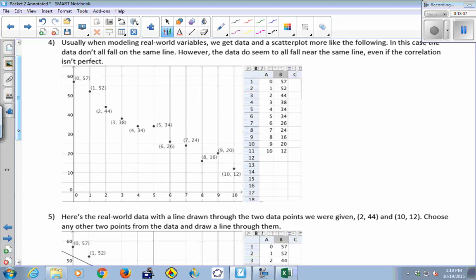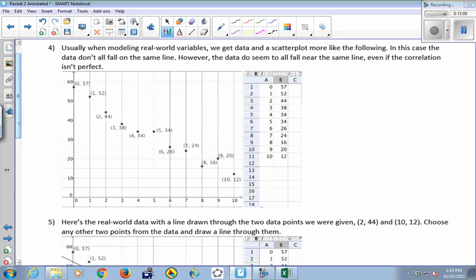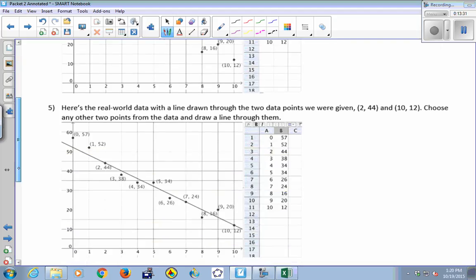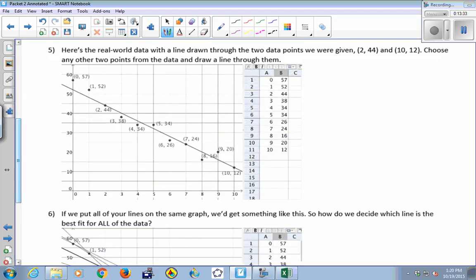But usually when you're modeling real-world variables, we get data and a scatter plot more like this guy, right? So in this case, all the data don't fall on the same line, but they do all sort of cluster around a line. Even if the correlation isn't perfect, it does look like there's some line that they're all gathered around. So here's the real world data with a line drawn through the 2 data points we were given, 2, 44 and 10, 12.